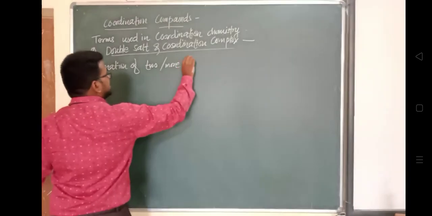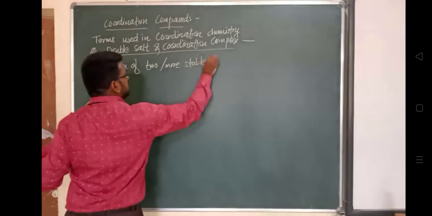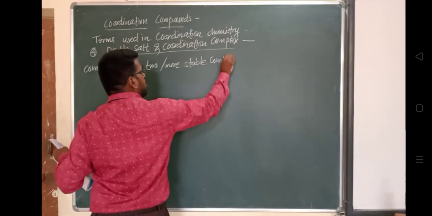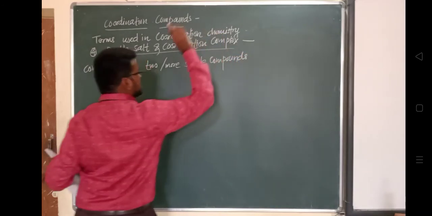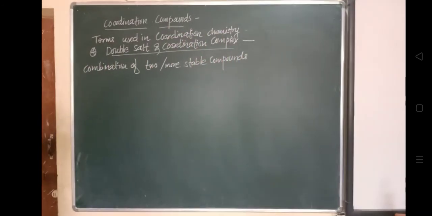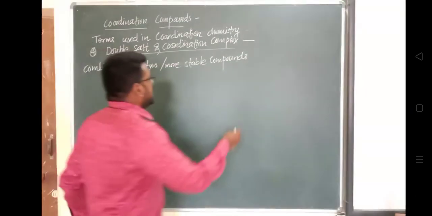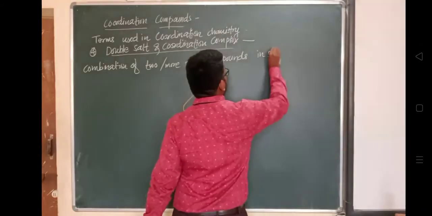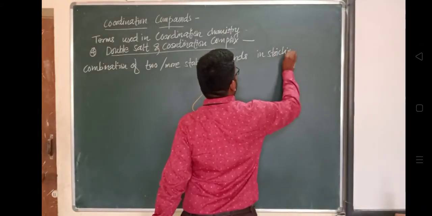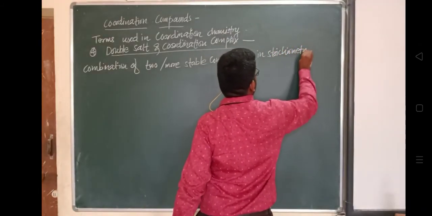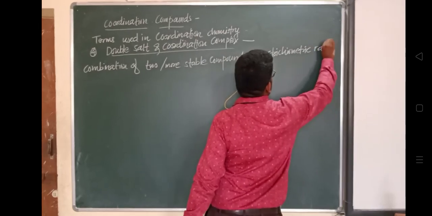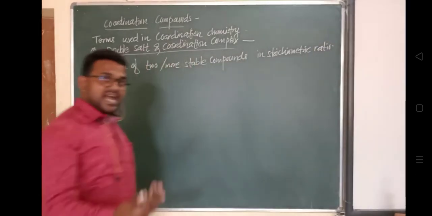Stoichiometric means proportion. Suppose A is to B; if that proportion is a proper stoichiometric ratio, then it can give rise to 2 types of substance: one is a double salt, and the other is a coordination complex.